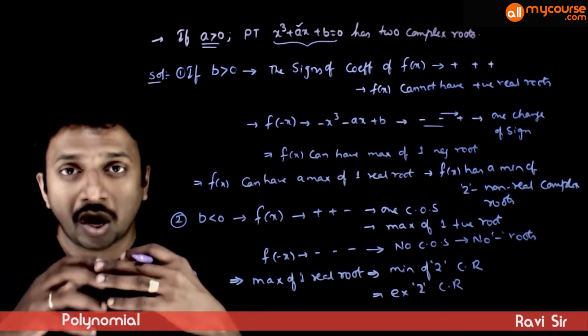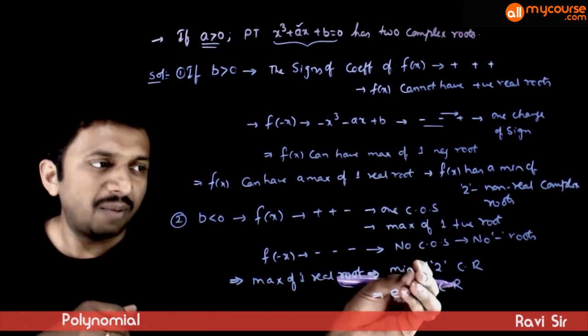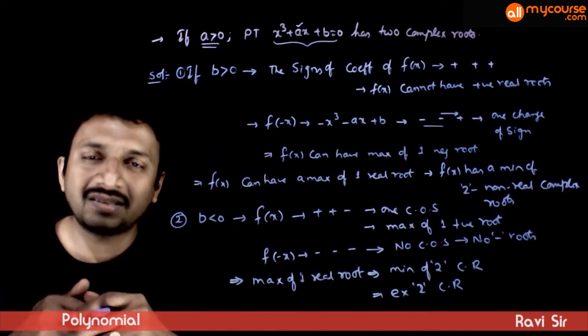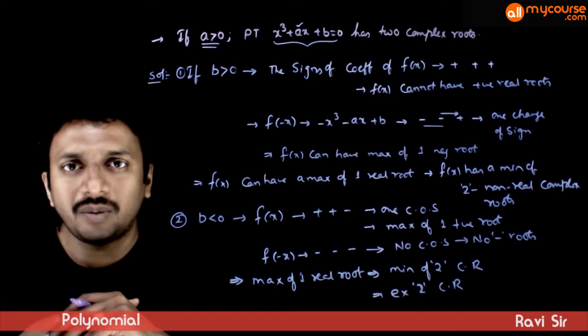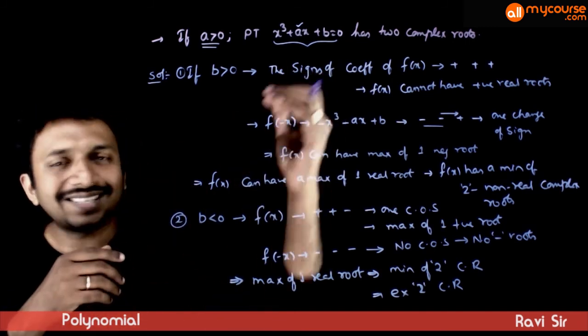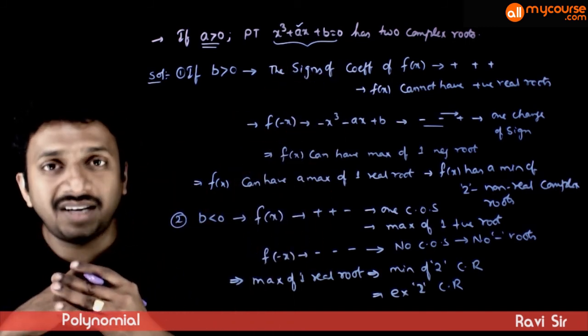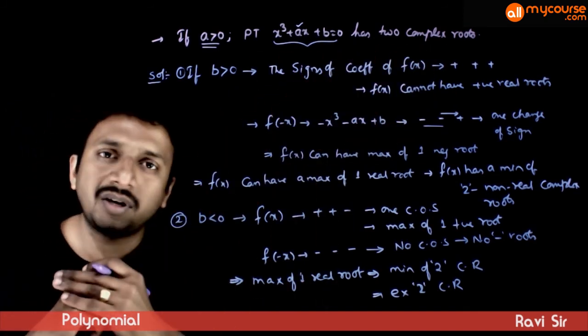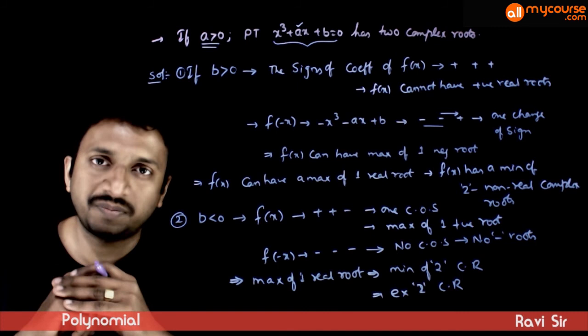Complex roots always occur in pairs. So a minimum of 2 complex roots for a cubic equation means that it has exactly 2 complex roots. So using Descartes' rule of signs, we have deduced that this sort of equation always has 2 complex roots.